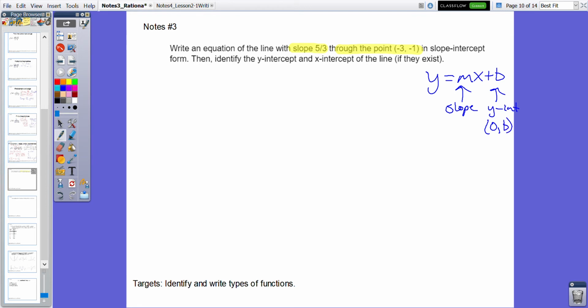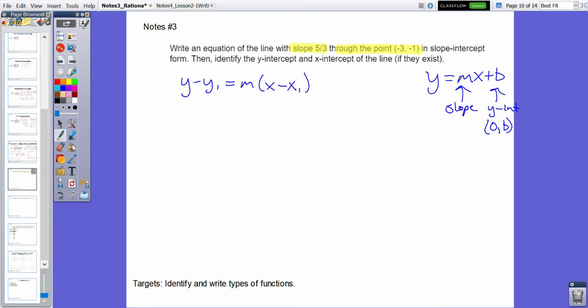But we're given a point and a slope here, so we have to use what's called point-slope form, which looks a little bit like slope-intercept form, but it's a little bit modified. Here's what it looks like. It's y minus y1 equals m times x minus x1.